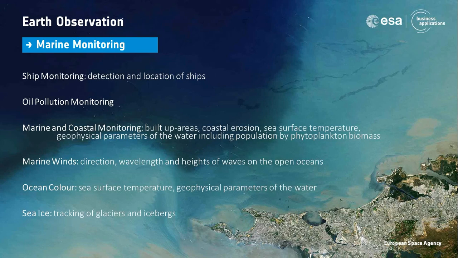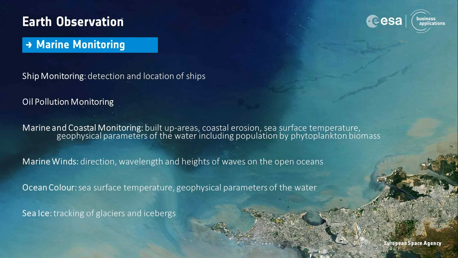Let's go to the maritime and marine area. In this case, Earth observation can be used, for example, for monitoring and detecting ships and their location. Usually this is done with satellites that can also see through clouds, and in daytime and nighttime. So this is important information. The same satellites can be used to monitor oil pollution.